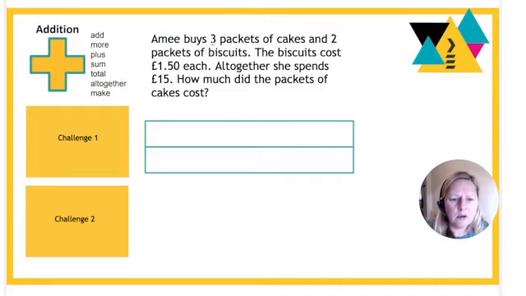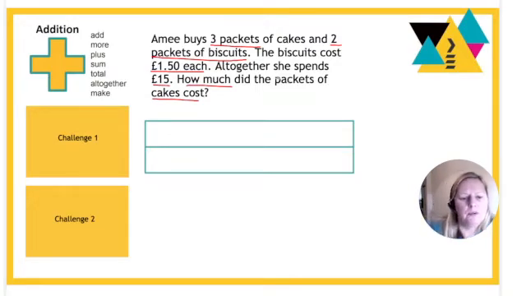So let's start off by underlining the important information here. She spends £15, but we want to know how much did the cakes cost. Okay, so we've got that important information there. Now we can start to unpick exactly how we can use a bar model to represent this word problem.